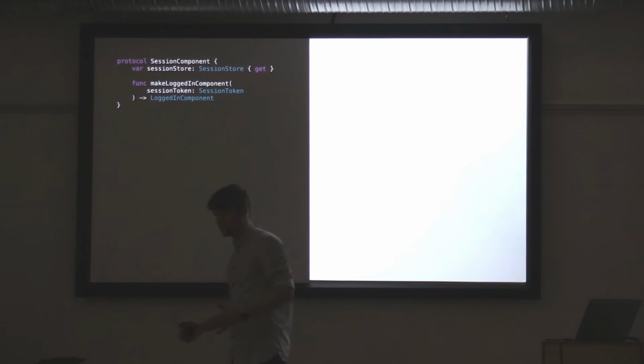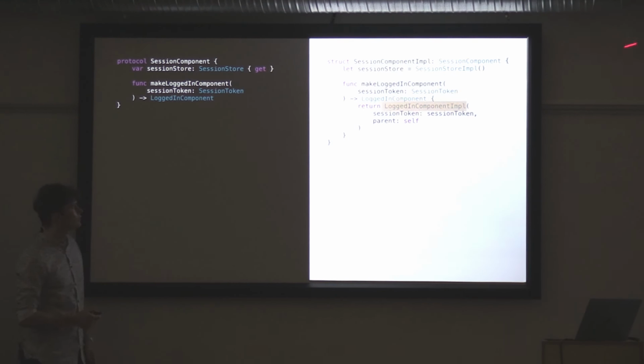So the implementation living in this side, near the composition root, would do the following. It will instantiate the session store implementation, because it's the first one. There is no one to take it from. And when it creates a subcomponent, it will pass, and this is really important, itself to it.